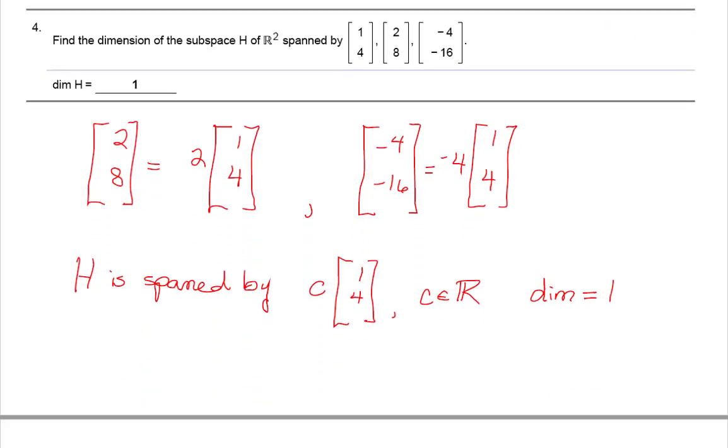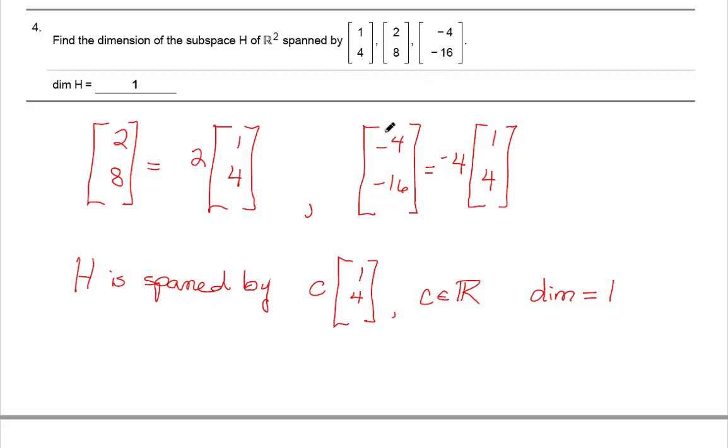All right, what about in question 4 here? The dimension of the subspace spanned by these 3 vectors. Well, if you look at it for a moment, you'll realize that 2, 8 is just a scalar multiple of the first one, 1, 4. Namely, 2 times it is 2, 8.